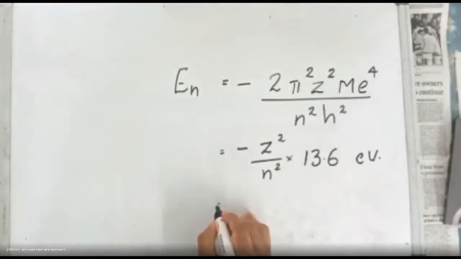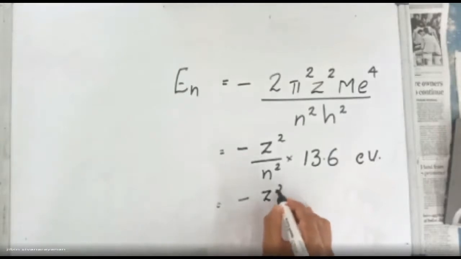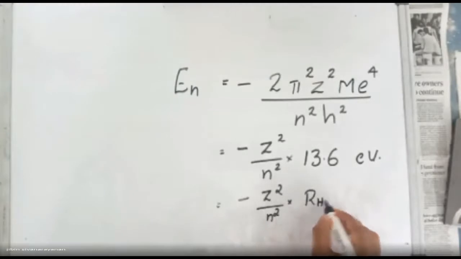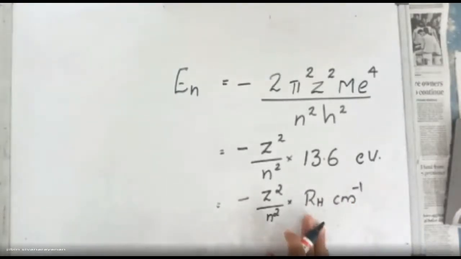If you want this in centimeter inverse, you can use this Rydberg formula. That is the Rydberg constant that people normally use to find the energy transition between the Lyman series, Balmer series, Paschen series, Humphrey and Pfund series, that kind of series, that is the line spectra of hydrogen atom.